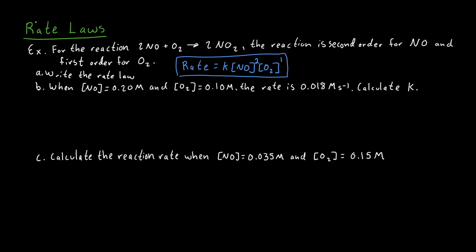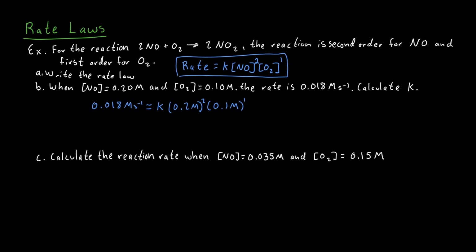So the rate is 0.018 molar per second, and that's equal to K times the concentration of NO squared, which is 0.2 molar, times the concentration of O2 to the first power, which is 0.1 molar.